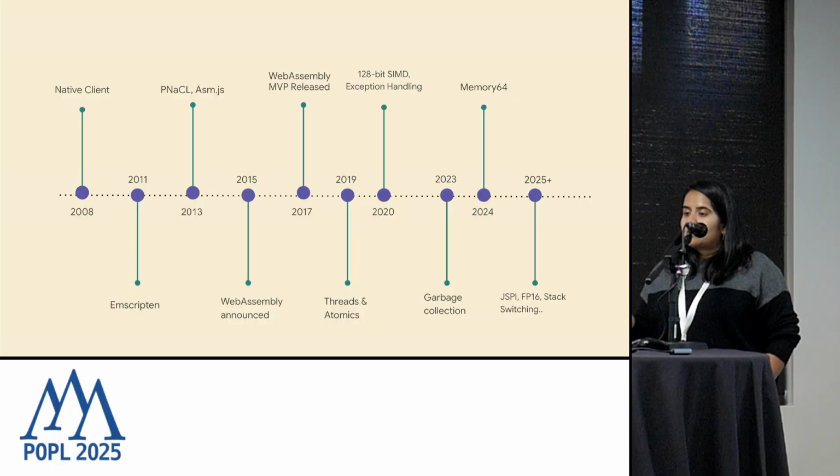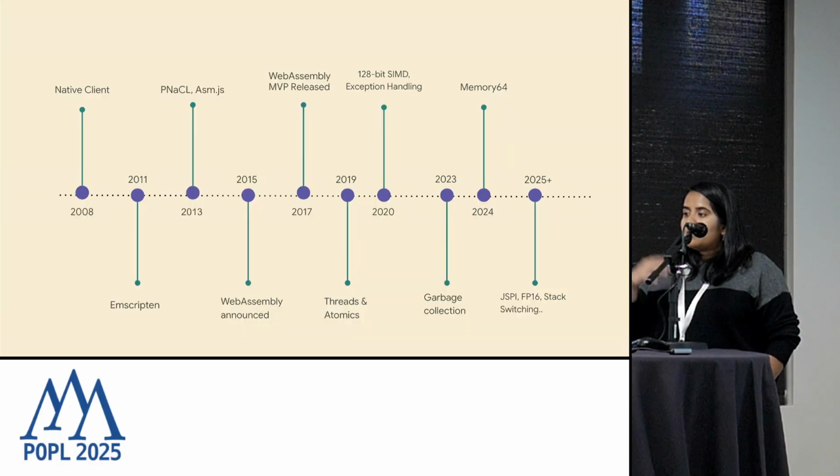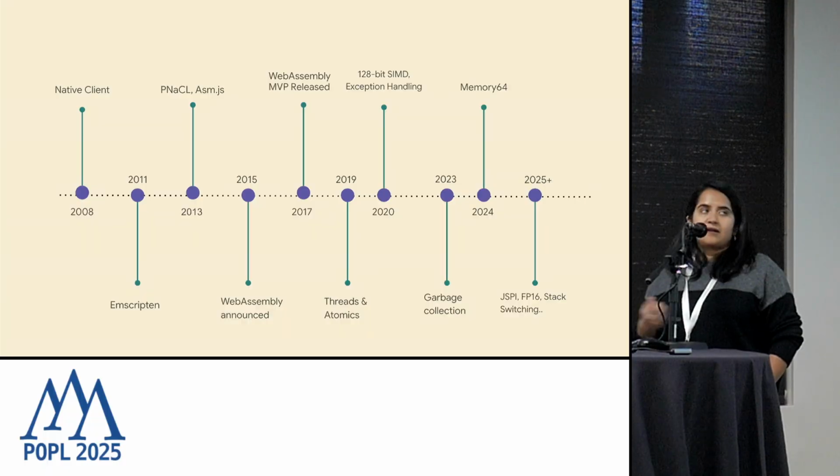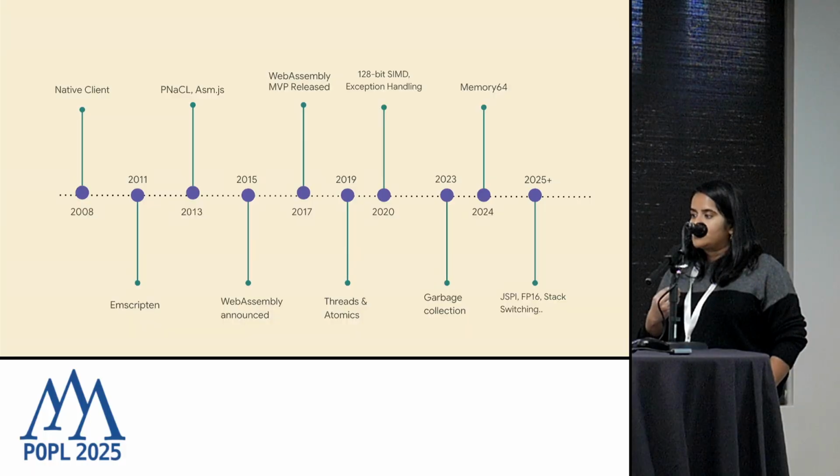When we jump forward a few years, Portable Native Client, or PNaCl, was announced, and PNaCl extends Native Client with architecture independence. Somewhere around the same time, Emscripten started as a research project. Emscripten, for those who don't know, is an LLVM or Clang-based compiler that compiles C and C++ source code to WASM now, but back then the primary target was JS.